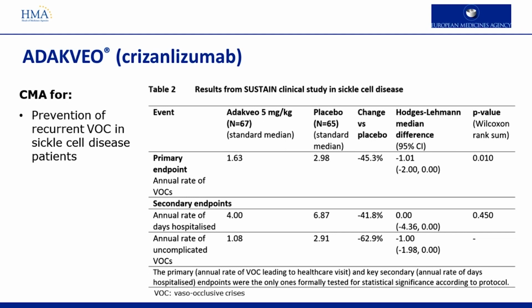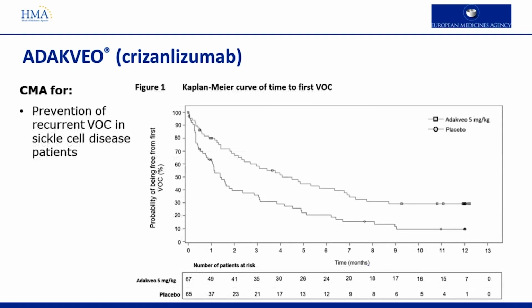The study also showed that Adakveo reduced the yearly numbers of crises by almost a third in patients already taking hydroxycarbamide, 2.4 versus 3.6, and by half in patients not taking hydroxycarbamide, 1 versus 2. Next slide. The Kaplan-Meier curve also showed at that time the same clear picture that CHMP was assessing.